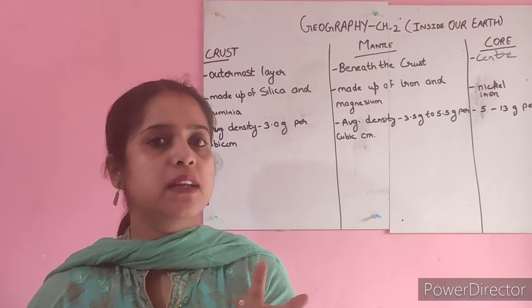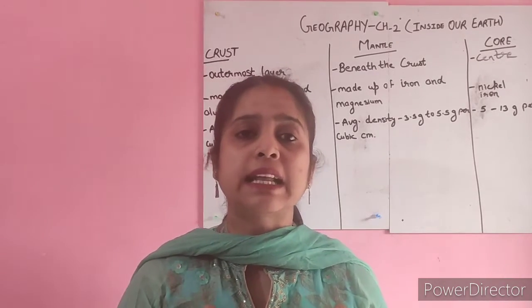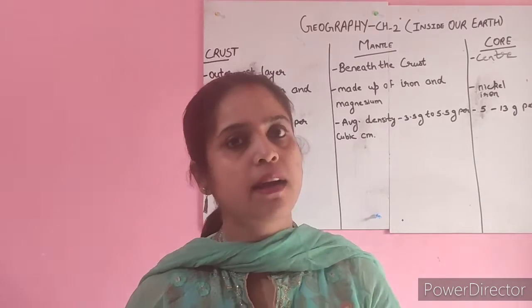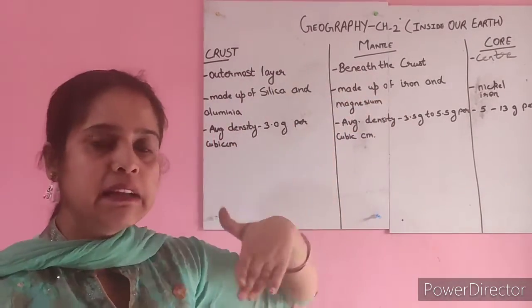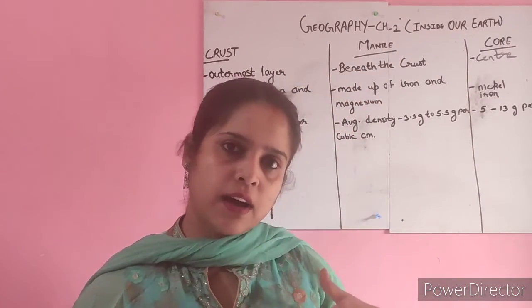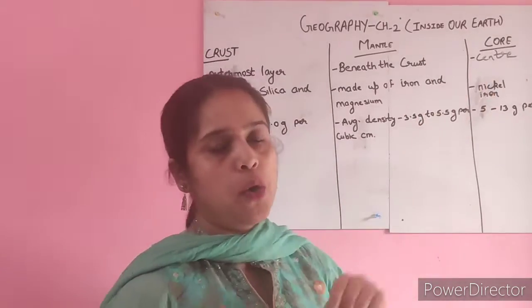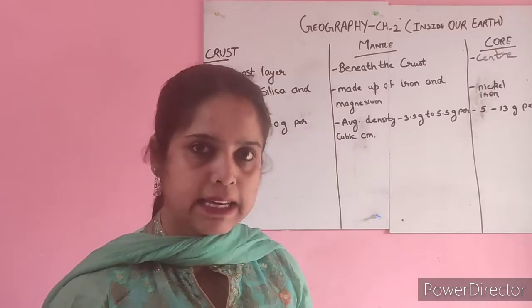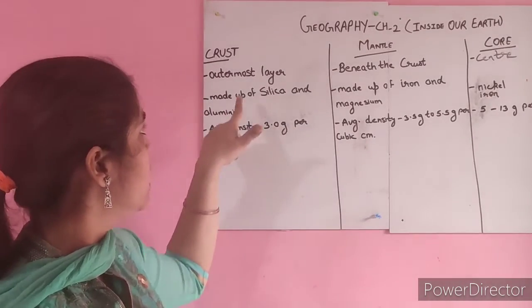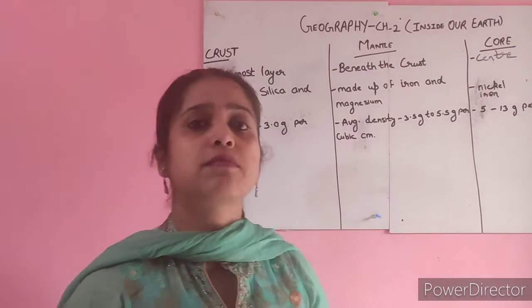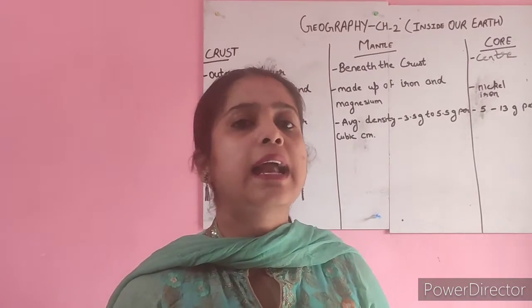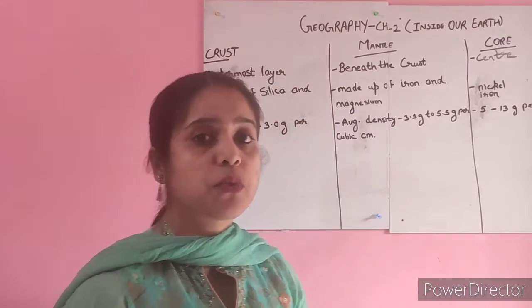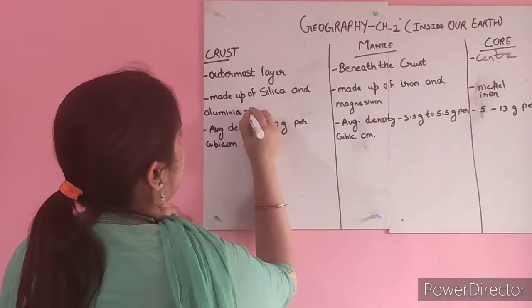It is also divided into two, the continental crust and the oceanic crust. Mantle is beneath the crust, and the core is around the center of the earth. Clear? Clear till here? Secondly, this crust is made up of silica and alumina.